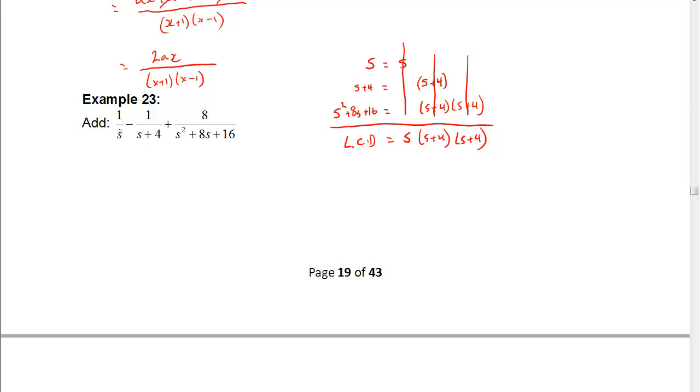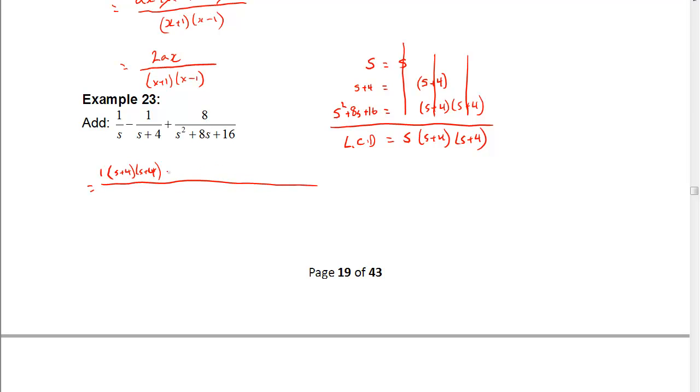So now we see, okay, to change the s in the first term into the LCD, we need to multiply by s plus 4 times s plus 4. So we're going to get 1 multiplied by s plus 4 times s plus 4 in the numerator of the first term.